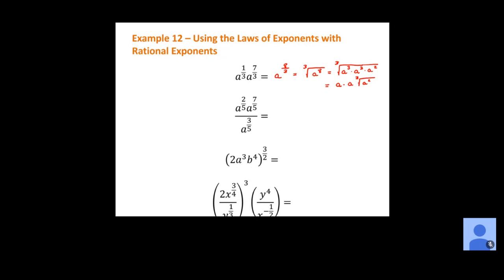Then our last step is just to multiply whatever we brought out. So what's a times a? Good. So we have a squared times the cube root of a squared. Any questions on that one now?